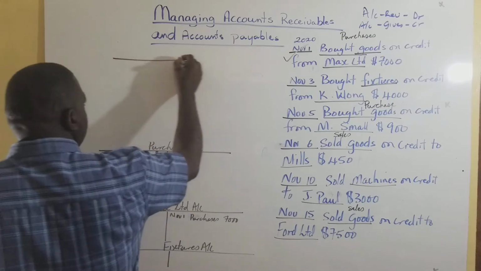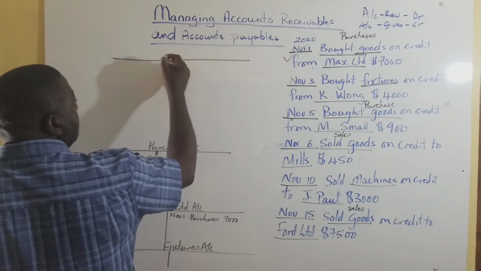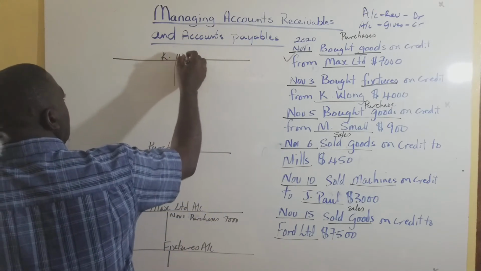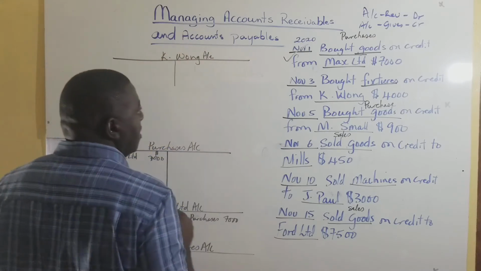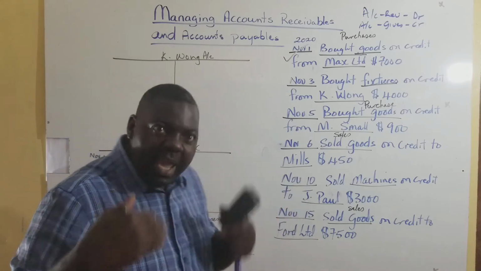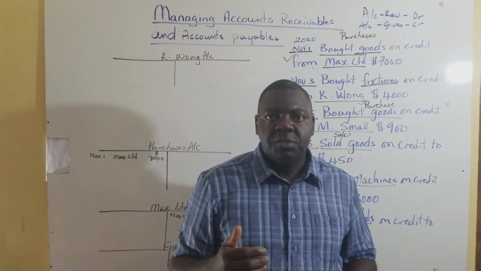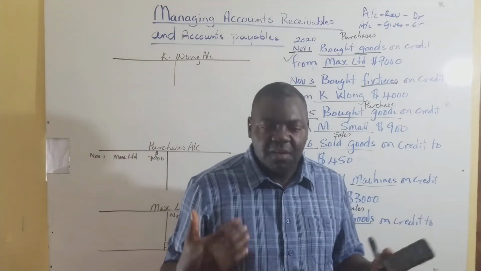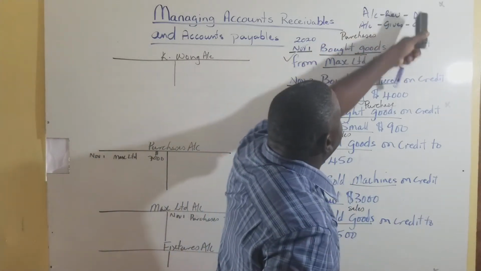So we're going to open an account for Wong, which is K Wong's account. Now, we are buying the fixtures. So what are we receiving? The fixtures. So we're going to debit because accounts that receives we debit.